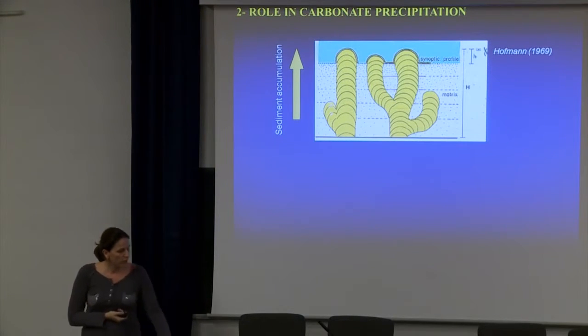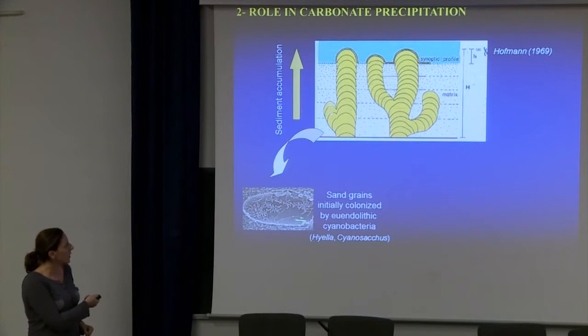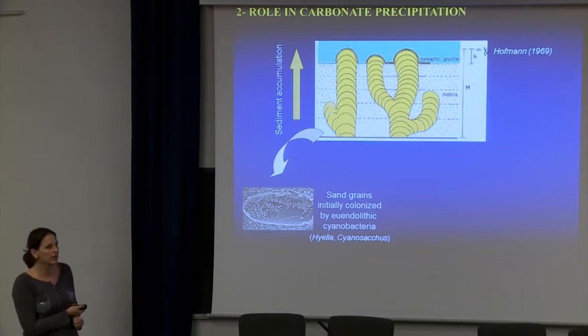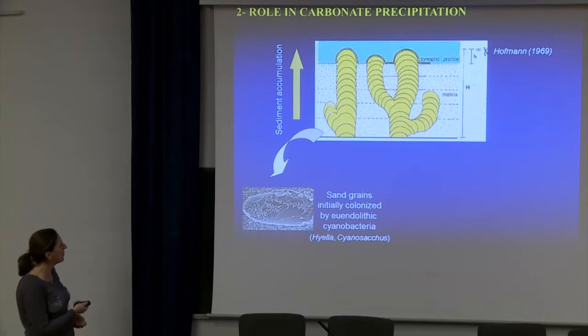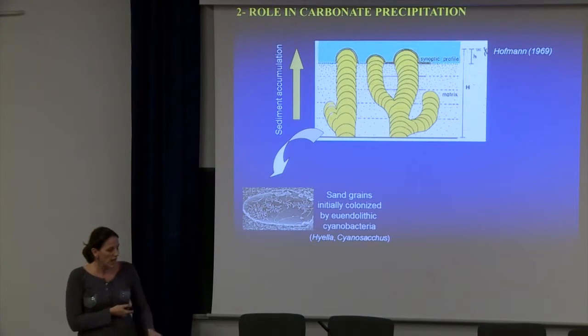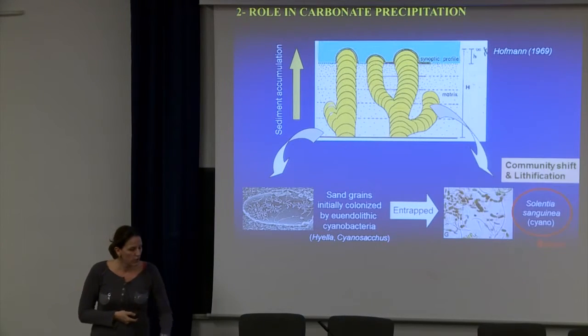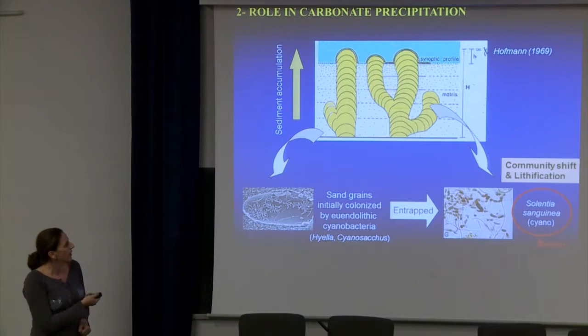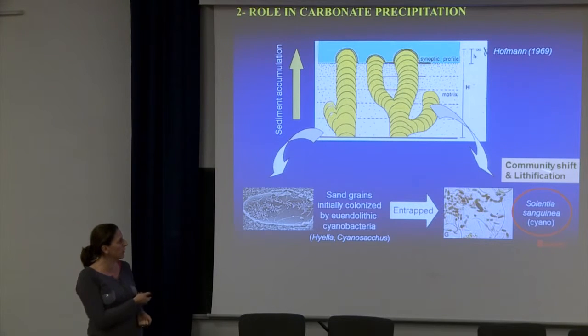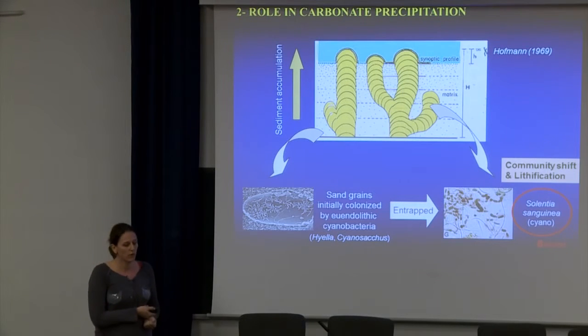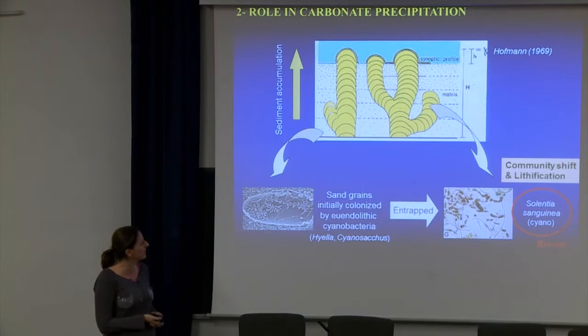As sand is entrapped, the sand grains are initially colonized by euendoliths, which are able to grow on rolling sand on the bottom or resuspended sand, and they are very specific: this is the Hyella and the Cyanosaccus. Once the sand grains get entrapped in the stromatolite, they get more stabilized, and there is a shift in the euendolith community, with a dominance of the cyanobacterium called Solentia sanguinea.